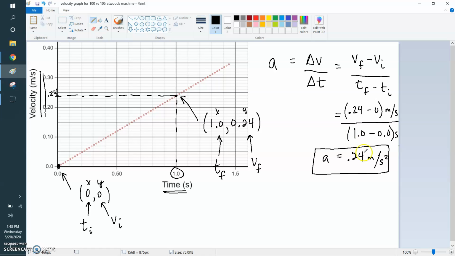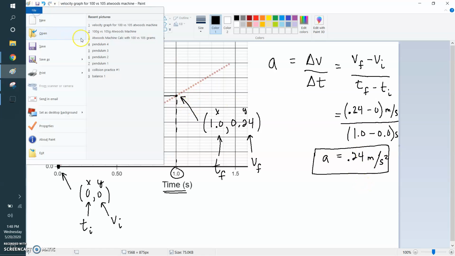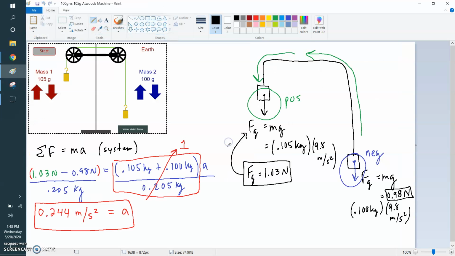And let's compare that to the value we predicted. 0.244. So very close. That's probably only off by about, I don't know, 2%. So the only reason why it's off at all, maybe because of, did we round somewhere? I did round a little bit, I think, when I wrote 1.03.